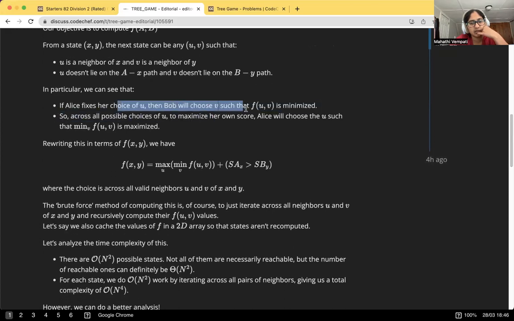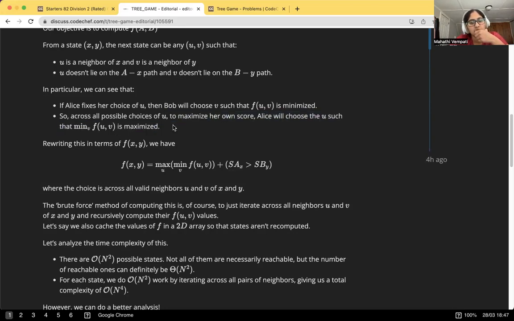If Alice fixes her choice of U, Bob will choose V such that f of U comma V is minimized. That makes sense, no? Yeah, because for the score so far they can't do anything, but the rest of the score they can minimize.